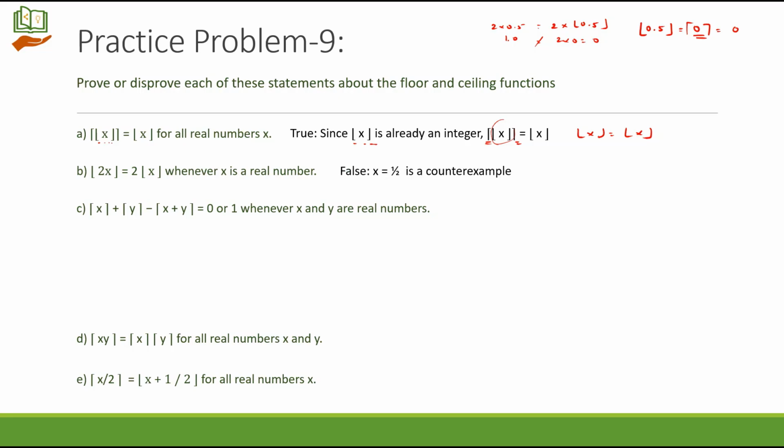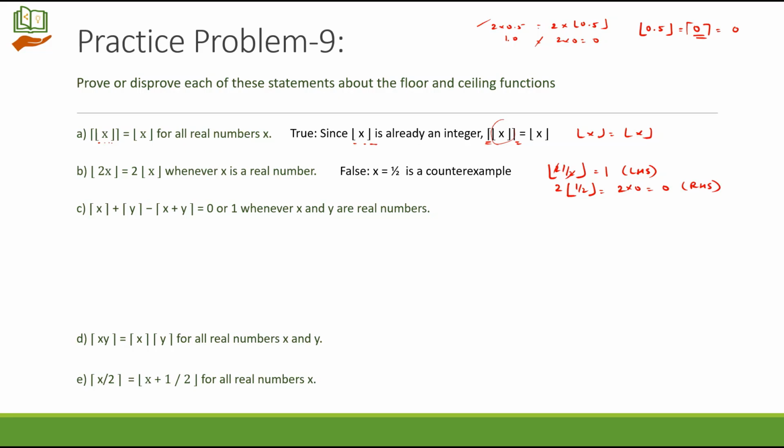One counter example is x is equal to 1 by 2. So let's take 2 into 1 by 2. So we have 1 here in LHS. What about the RHS? We have 2 into floor of 1 by 2. This is 2 into 0 which is equal to 0. This is RHS. I have just told the same example using 0.5, and 0.5 is nothing but 1 by 2 in fraction.